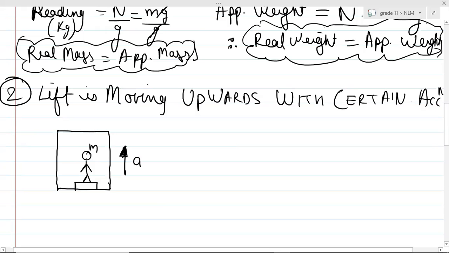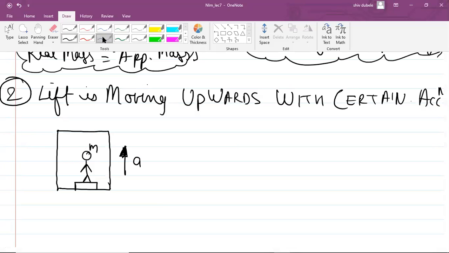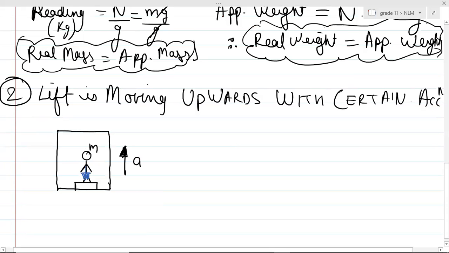So what all forces will be acting on this man? Will this mg act on the man in the downward direction, and will this normal reaction act on the man in the upward direction? Yes or no, guys? Yes, sir.